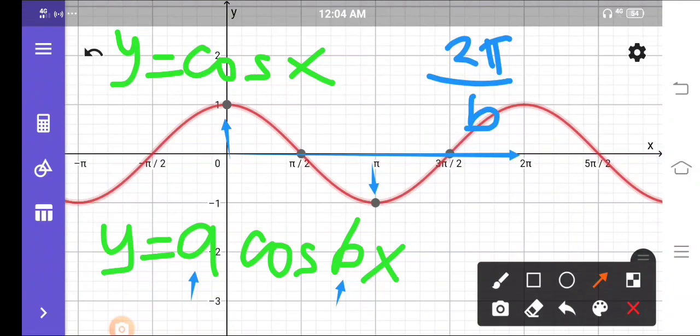How are we going to identify the key points? In finding the key points, we have to divide the period by 4. Now our period is 2 pi. 2 pi is equivalent to 360 degrees. If we divide 360 degrees by 4, that is 90 degrees.